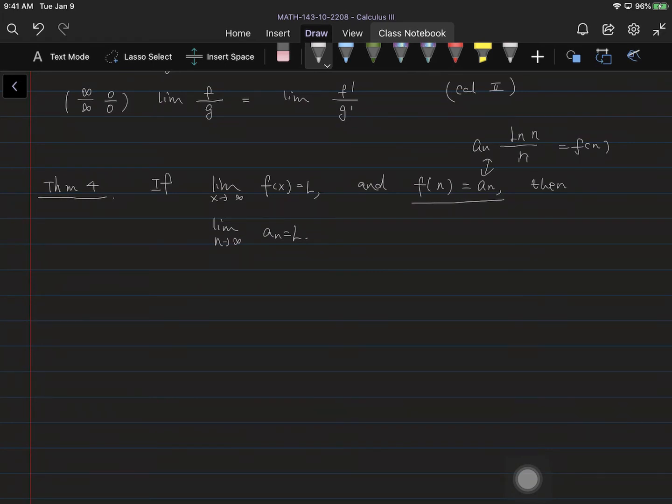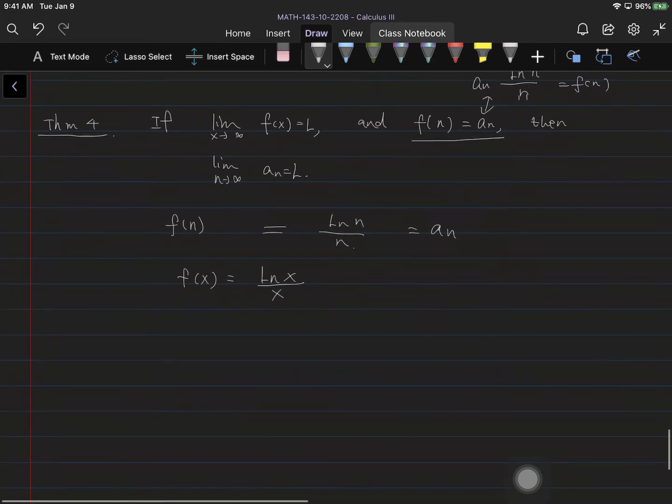If we take a look at f(n) equals a_n equals, for example, ln n over n, then f(x) is just ln x over x.